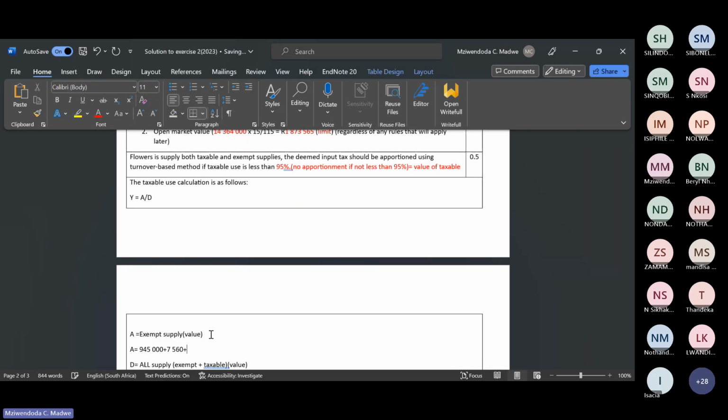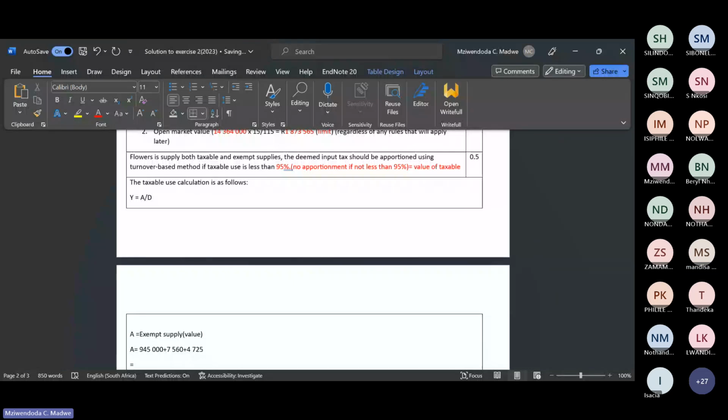There are two interests. These are our exempt supply. So we have three exempt supply: 945, then 7,560, and 4,725. We have to add them together.